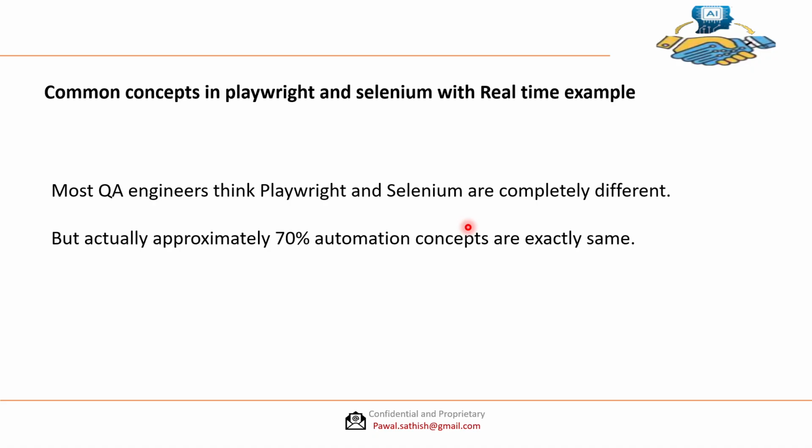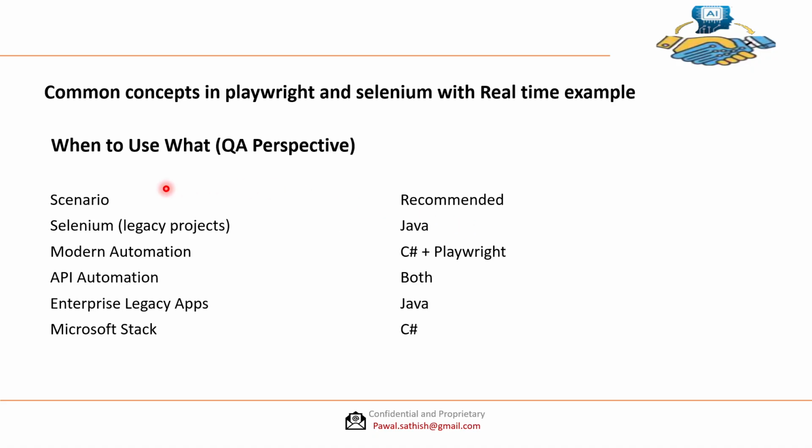Before we start, first we'll understand when to use what. If we have a Selenium legacy project, then definitely we'll go ahead with Java. But if we're using modern automation in any project, then we'll go ahead with C sharp with Playwright. For API automation, we'll go ahead with both, Java or C sharp.